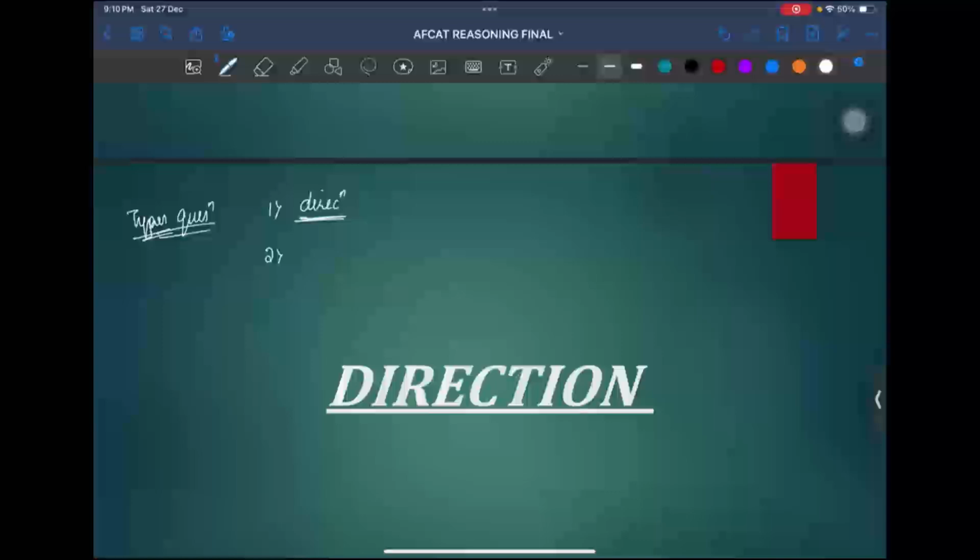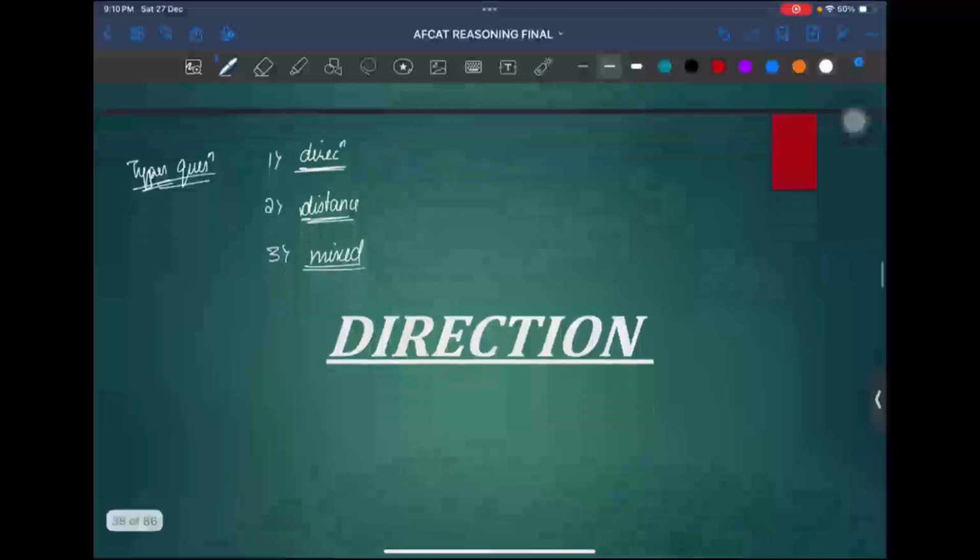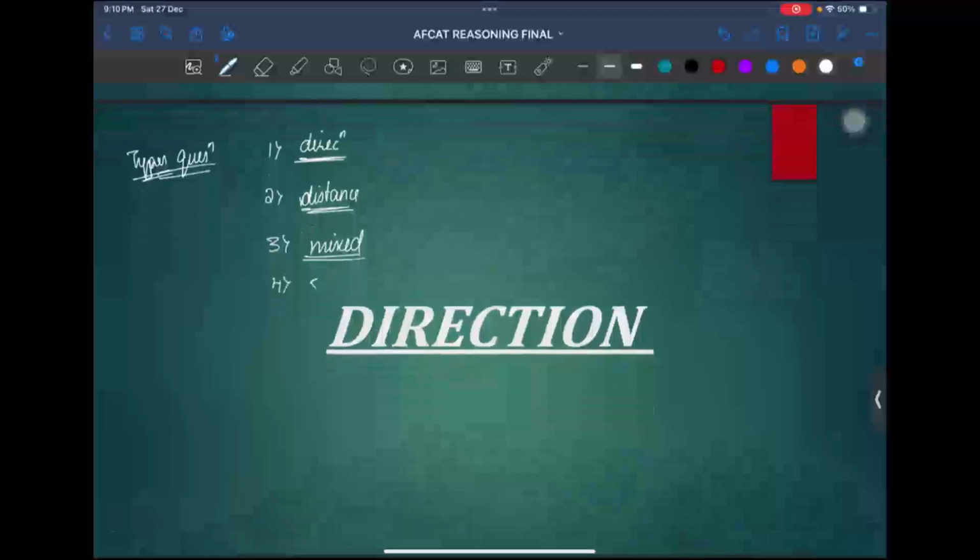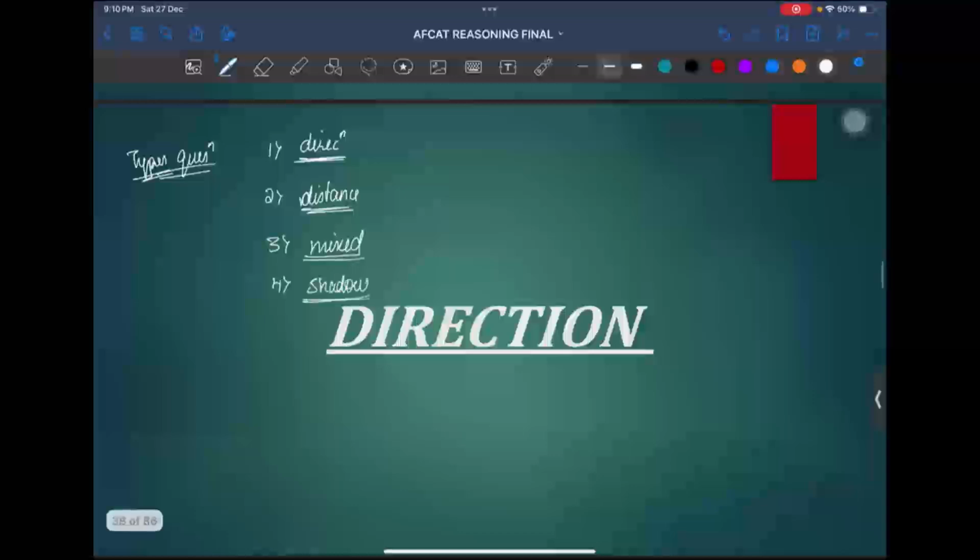Second, they'll ask the distance of a person from the initial point or some point X. Third will be mixed problems, in the sense they'll ask both the direction as well as distance. And fourth will be the shadow concept, where based on sunrise or sunset they'll ask the question.